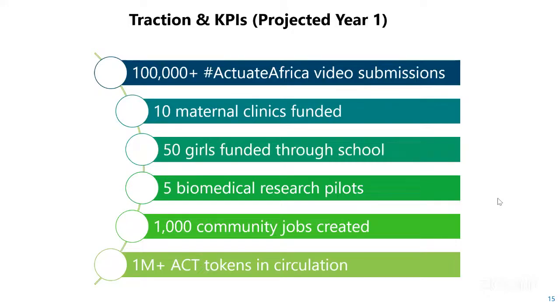We'll also have funding for 10 maternal clinics, funding for 50 girls to go through school, and we're planning on having 5 biomedical research pilots, creating 1,000 community jobs, and distributing 1 million plus Actuate tokens.